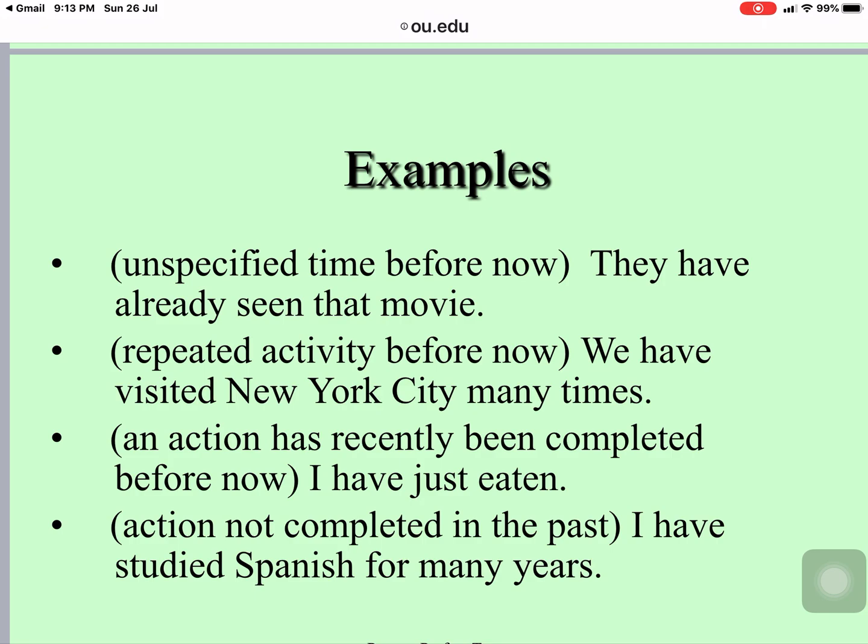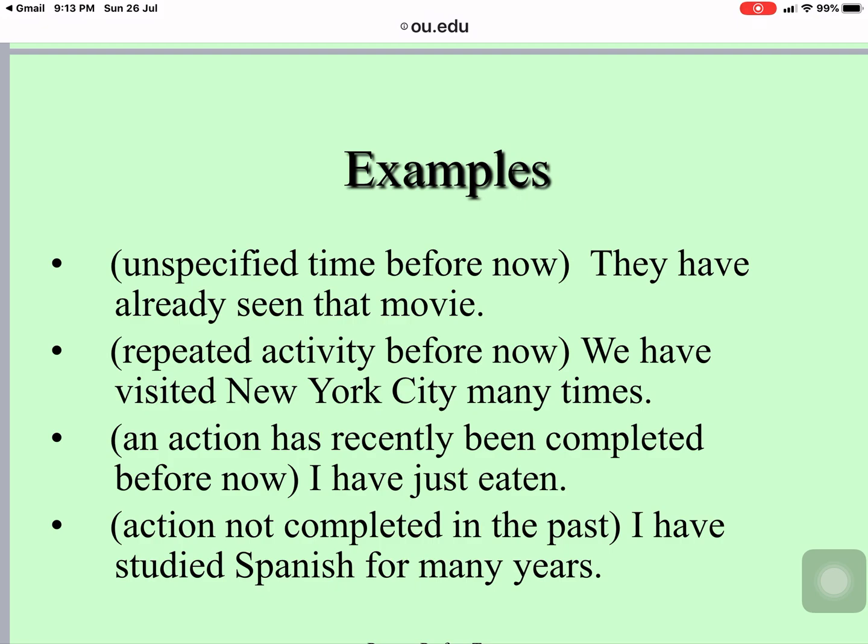Okay, why is have used here, not has? You must remember, as I said to you already, that while studying tense, we must take I as a plural subject. That's why have is used.